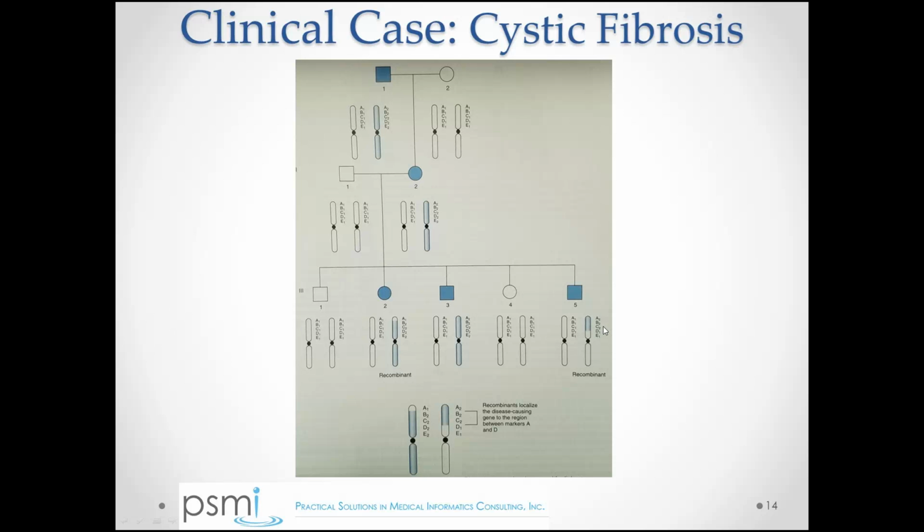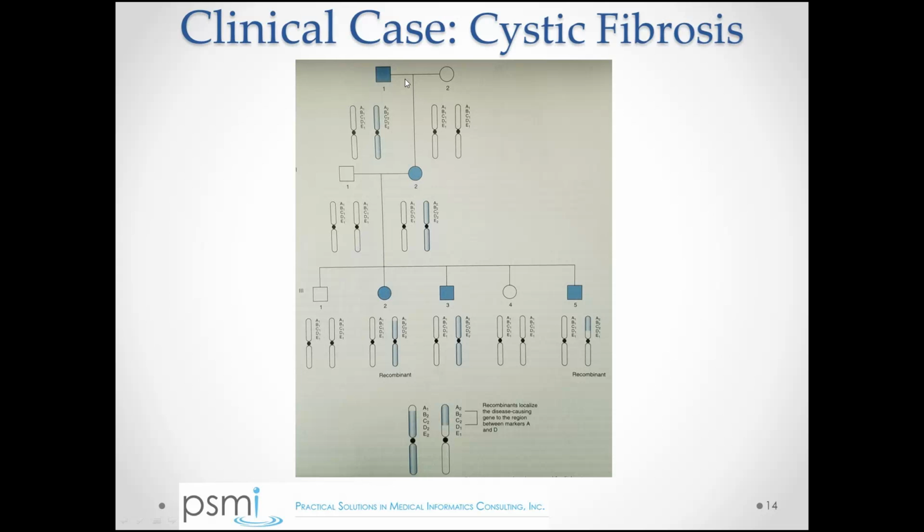It really depends on the density of the markers. And back in the 80s, we had maybe 1 or 2 orders of magnitude fewer markers than we have available today. And so we could get kind of a gross narrowing down of the region where the cystic fibrosis gene was.